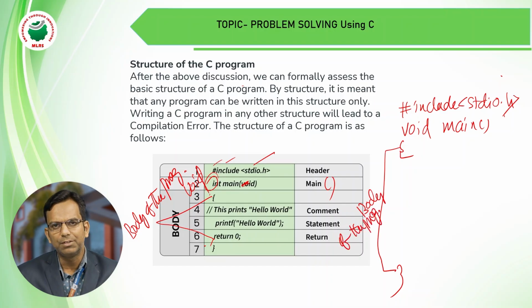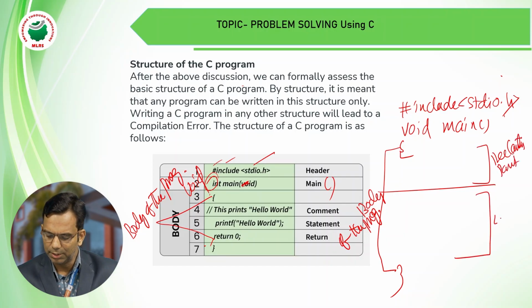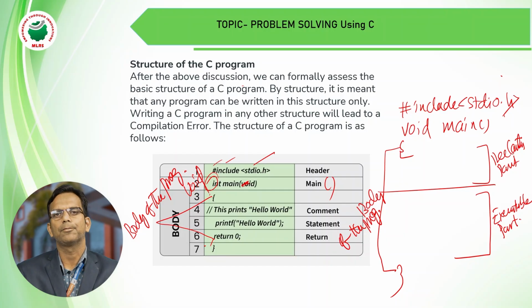The body of the program has two parts. It is divided into two categories. The first part is called the declaration part, and the second part is called the executable part.